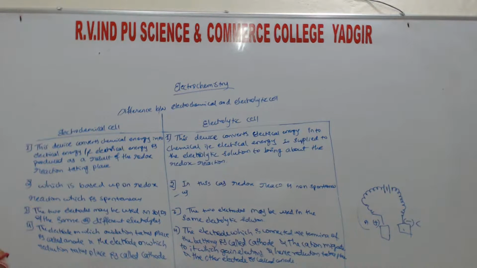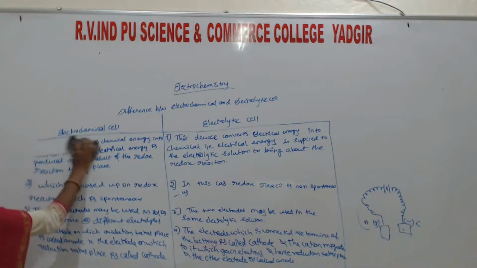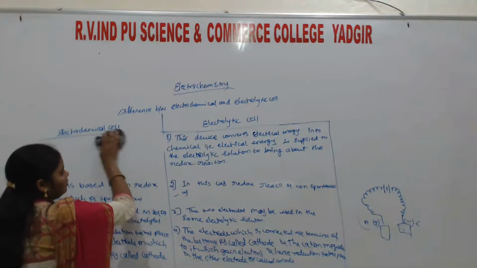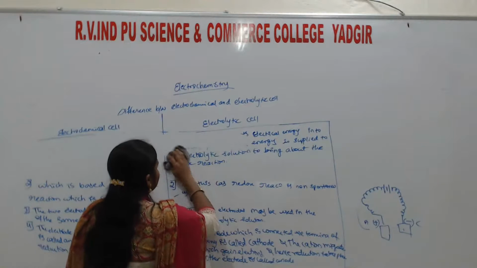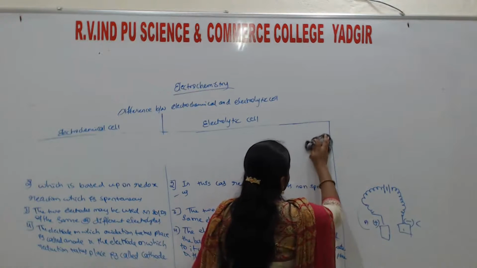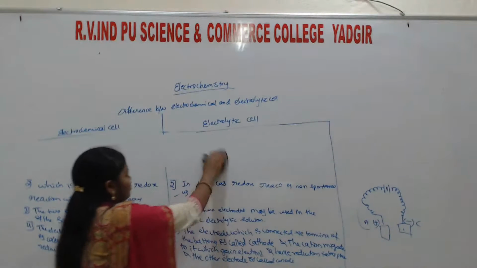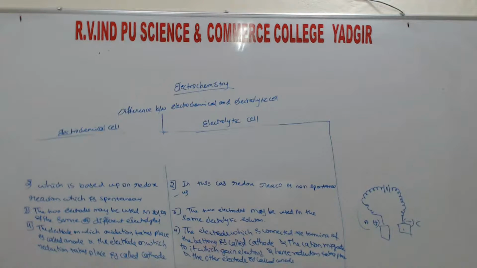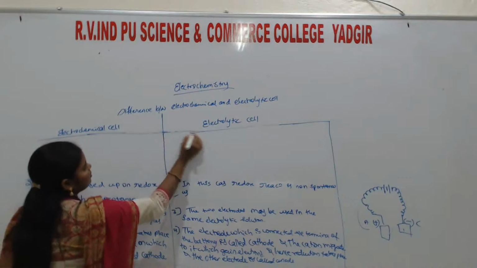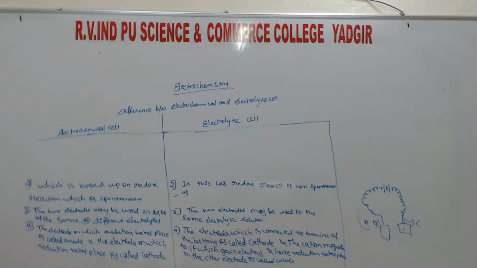Next, the fifth difference. A salt bridge or a porous pot is required in this cell.